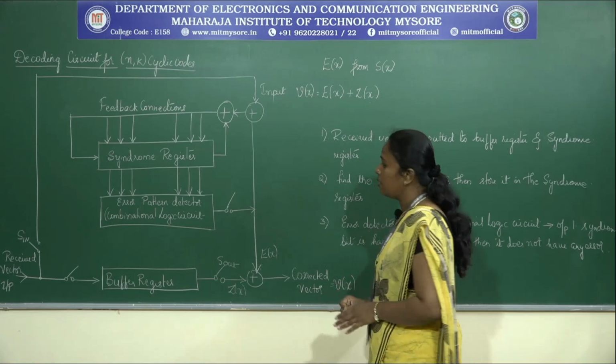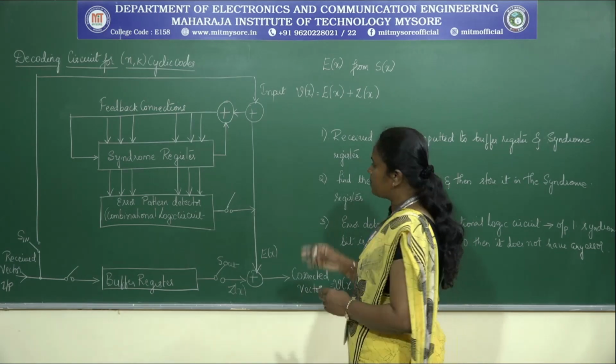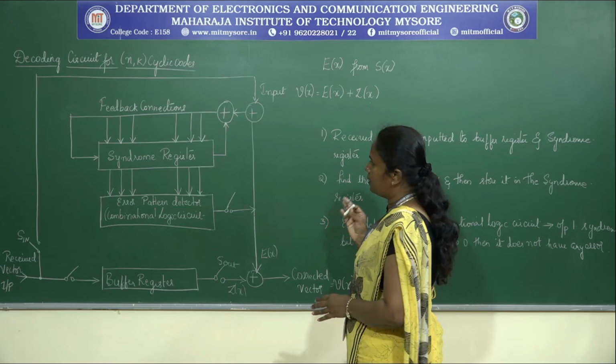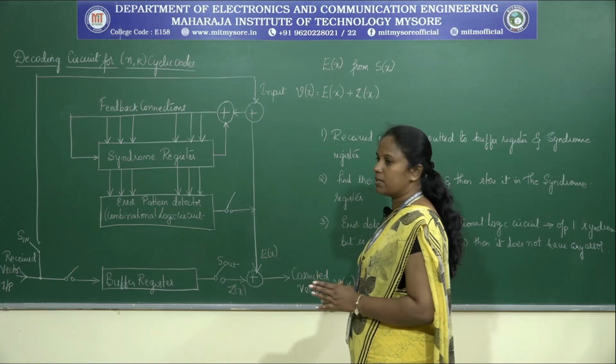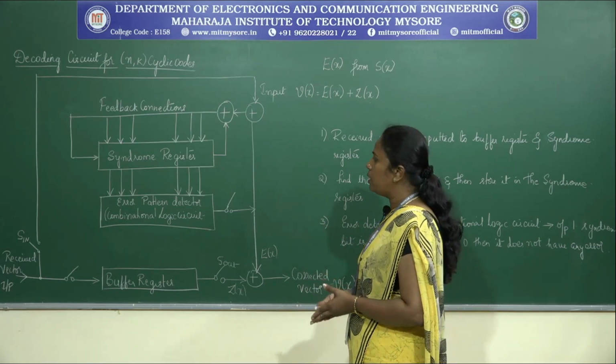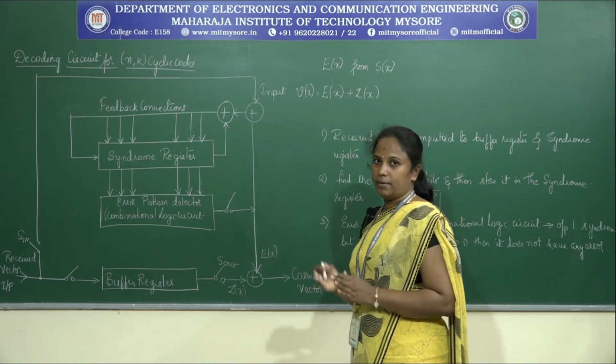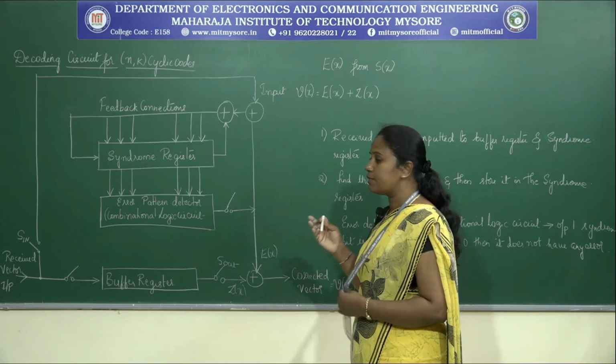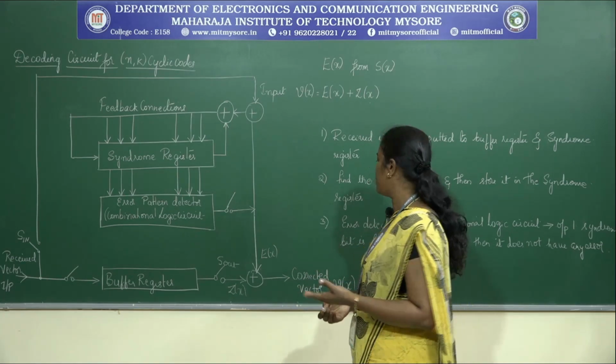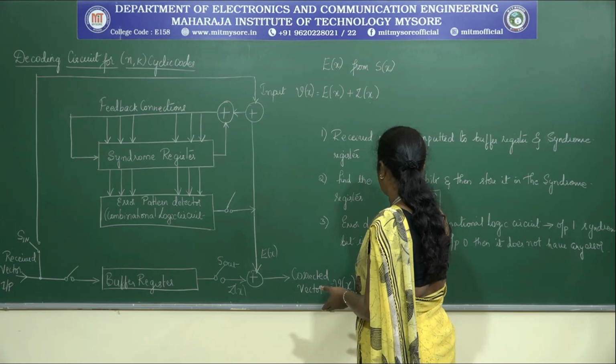Now this process of detecting whether your syndrome register has 1 or 0, depending upon that, you check whether your received vector has an error. If it has an error, then what step do you need to follow?